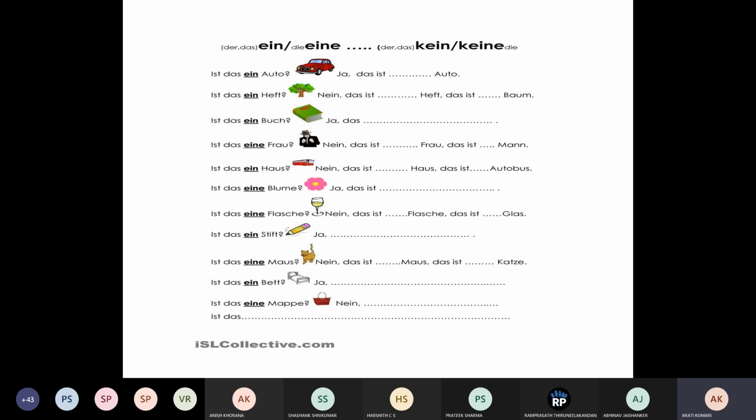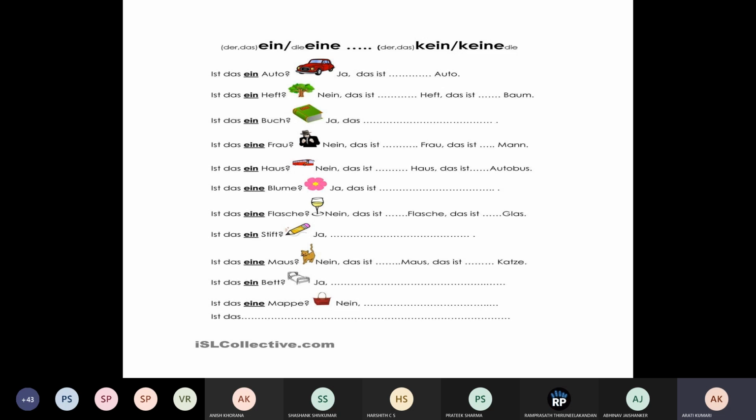As you can see in the chat box, there are two words in this. This is a compound word made out of two different words. Both are nouns. Auto is a noun, bus is a noun.